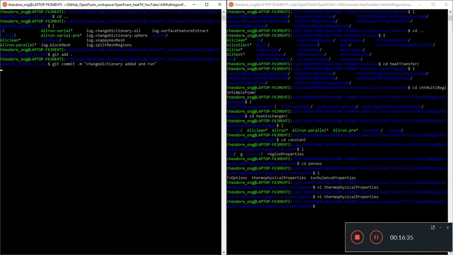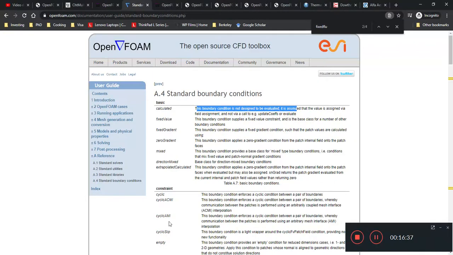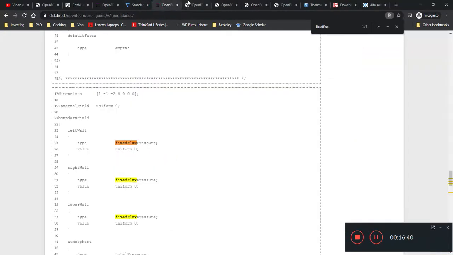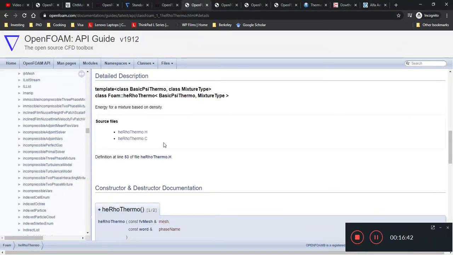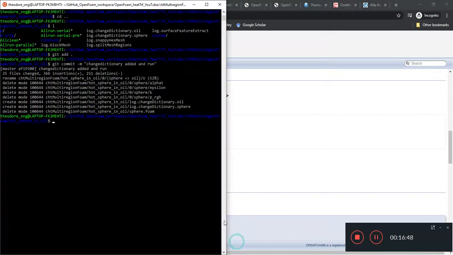So next thing we want to talk about is the thermophysical properties. So normally what we use is this little thing called chtMultiRegionFoam. Okay, hold on.